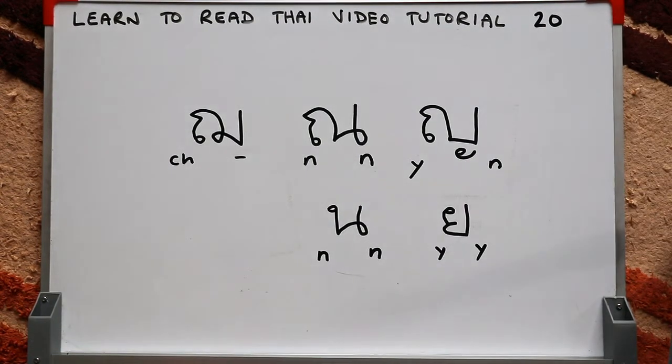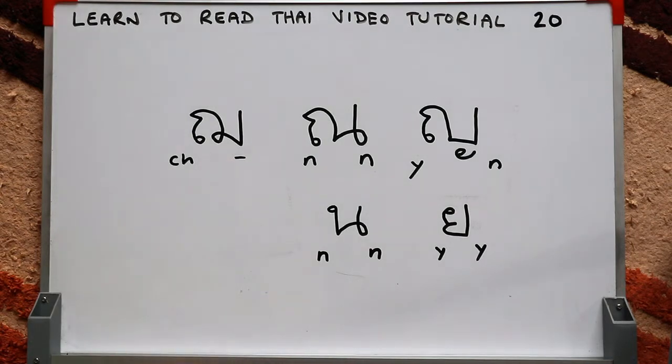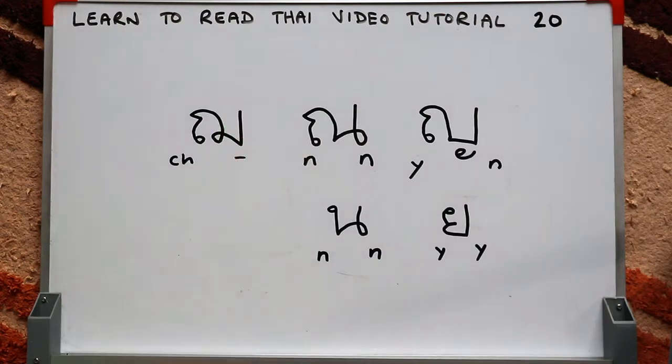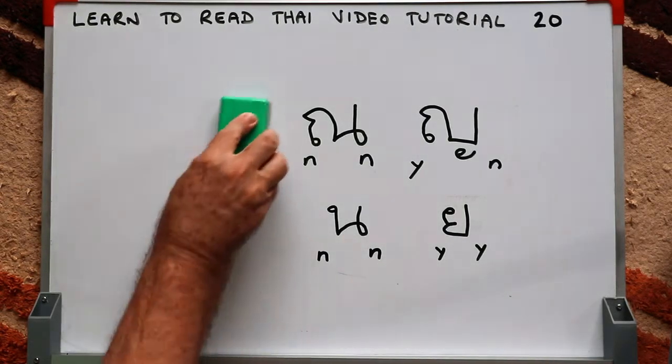Now onto the consonants, and when we did this one back in tutorial 17, I mentioned that the basic shape is similar to some other consonants, and these are the ones I was referring to. So we've done this one already. That makes a CH sound as an initial consonant, and it's not used as a final consonant.